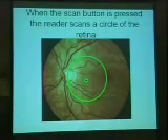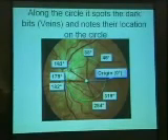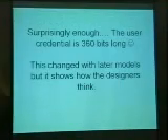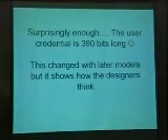It takes that image and flattens it out, and as it parses it, it notices that here it got a little bit darker, and here, and here, and here. Surprisingly enough, on the original retina scanners, the credential was 360 bits long.